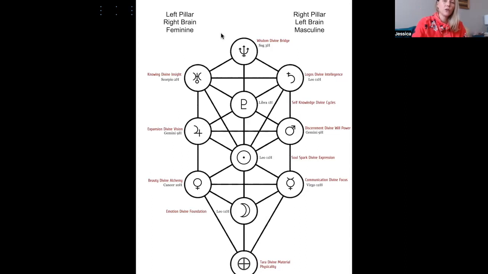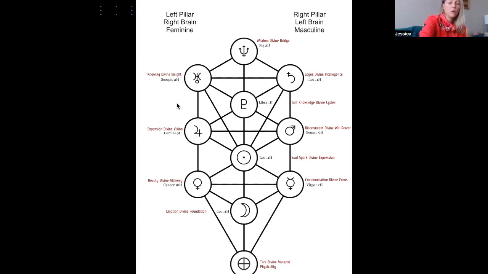The energies are constantly moving down and then moving back up. This is the flow. This is the positive and negative. This is how the energy moves. And this is also connected on the micro level. It's the cycles on the micro level connected to the grander cycles in the cosmos on a macro level.